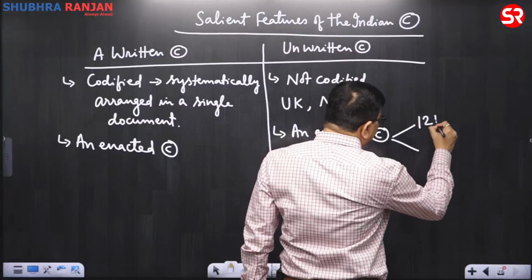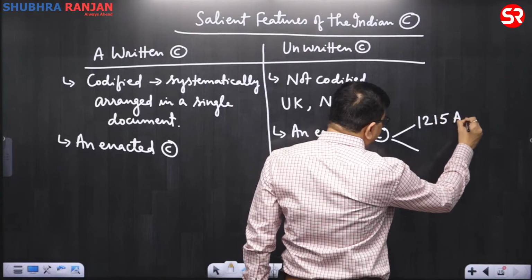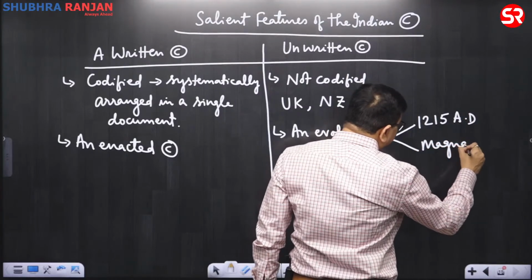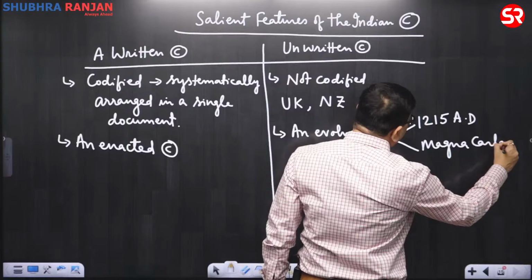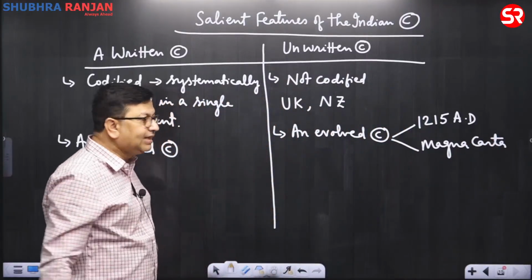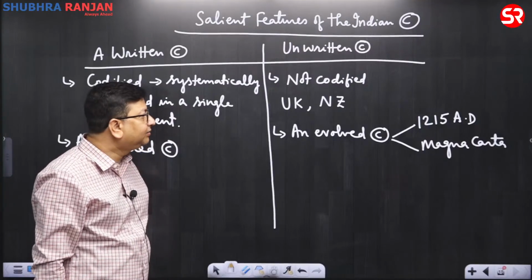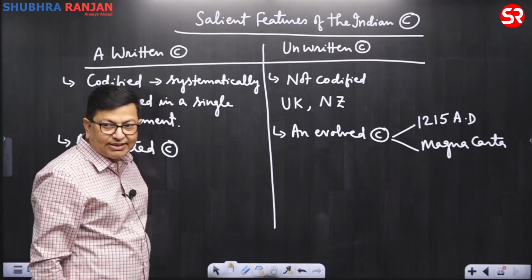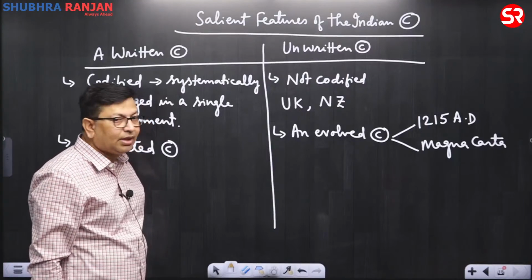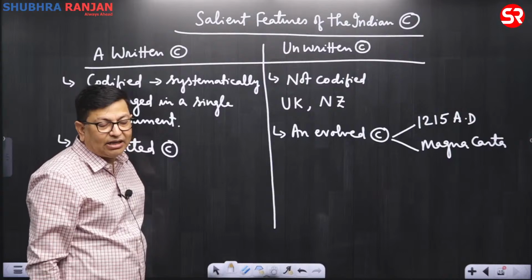The British Constitution has been evolving since 1215 AD, that is the time of Magna Carta.